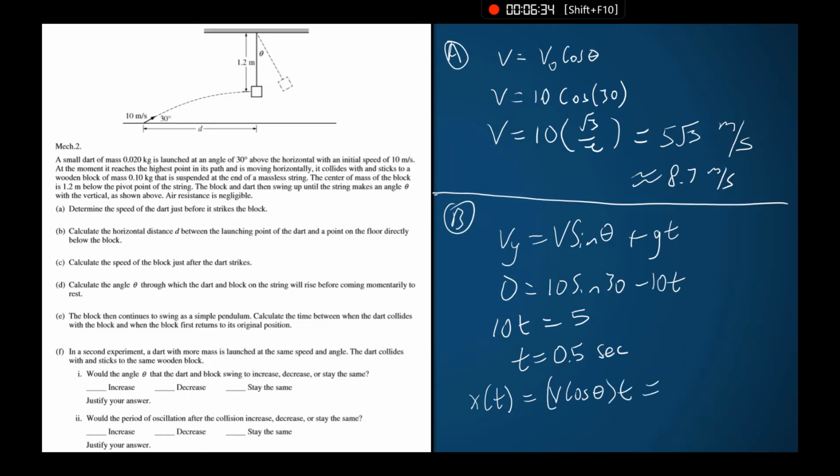Okay, so that was 5 root 3 times the time of 1/2 is 5 root 3 over 2. Perfect. What are our units?